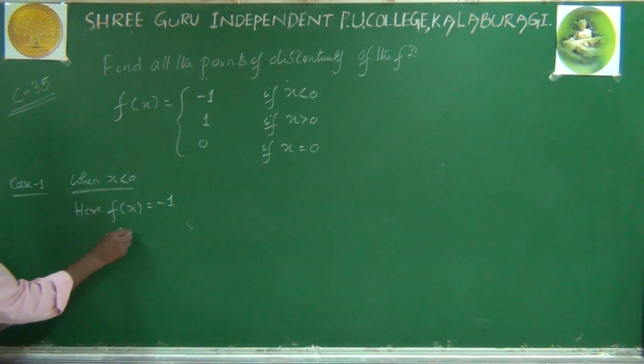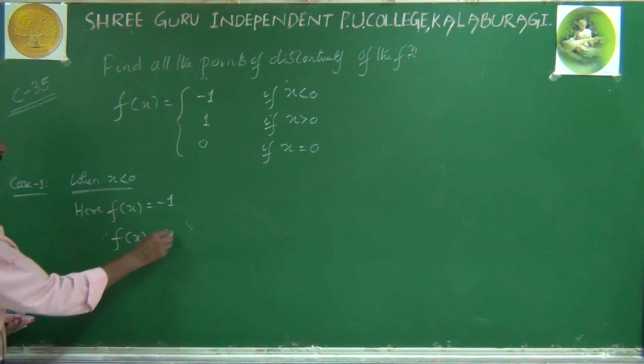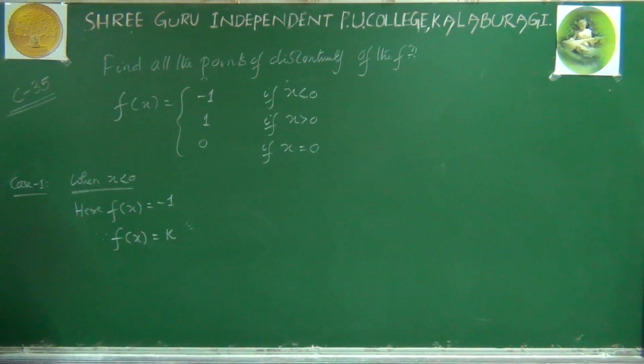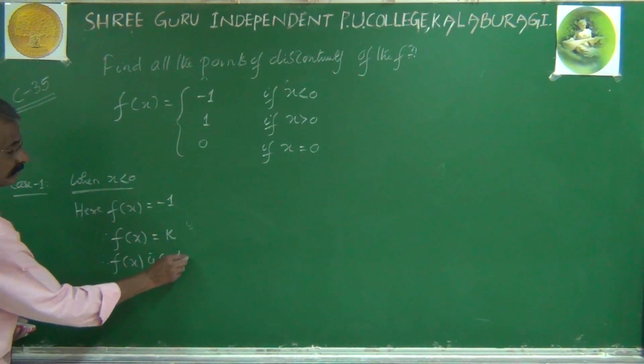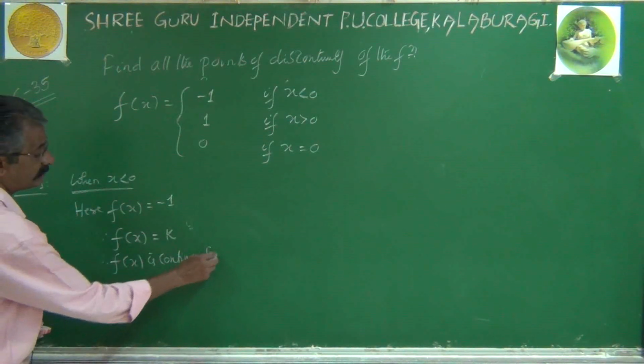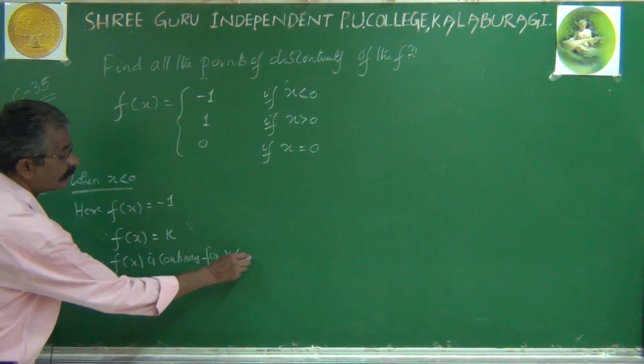Since f of x equals a constant k, therefore f of x is continuous for x less than 0.